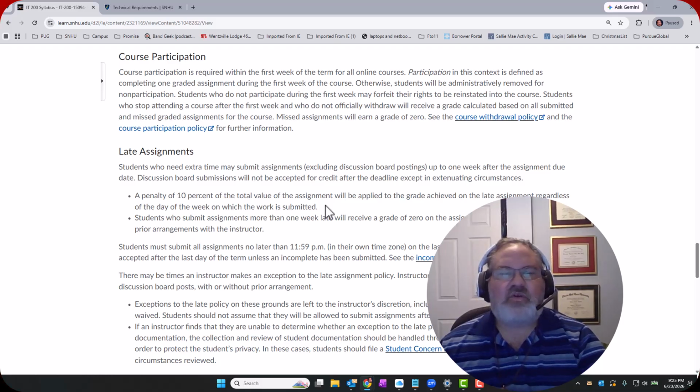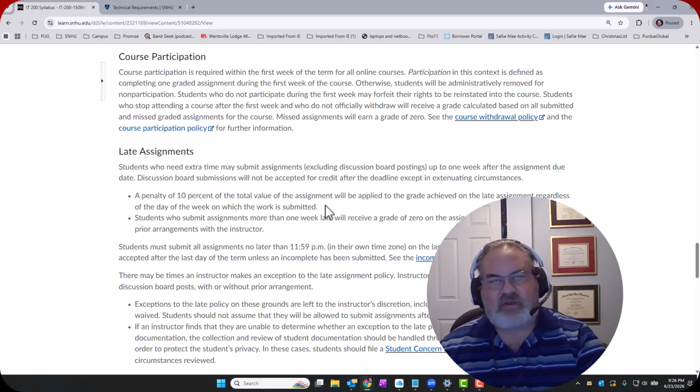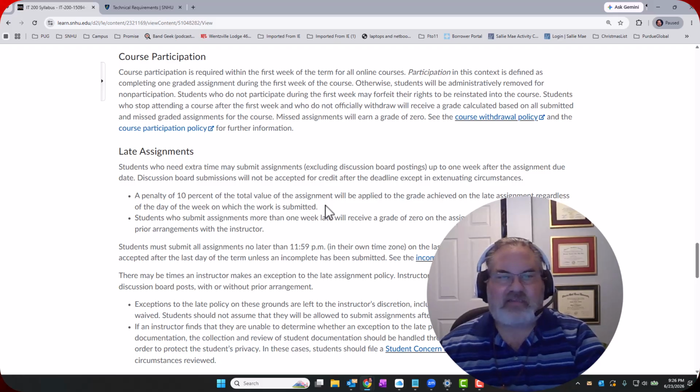So if it was worth 20 points, 2 points will be deducted no matter what. If it was worth 200 points, 20 points would be automatically taken off the top, no matter how many points you got on the assignment.